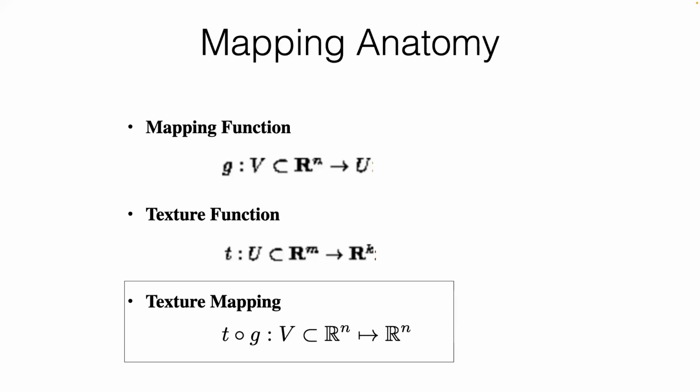And then the texture function maps the domain of the texture into the space of attributes. And in the end, when you do a composition of the mapping with texture, you have texture mapping, T composed with G, and then we are mapping the object to attributes, and that's the texture mapping.